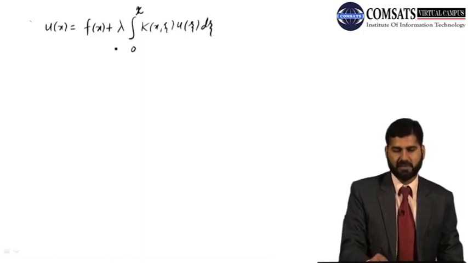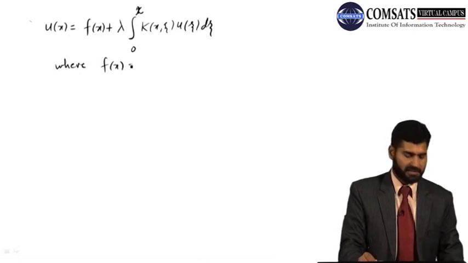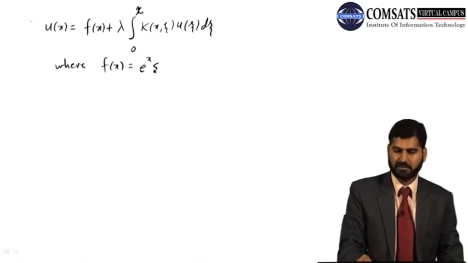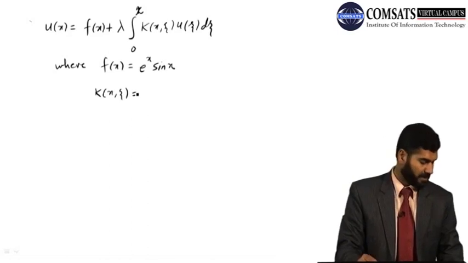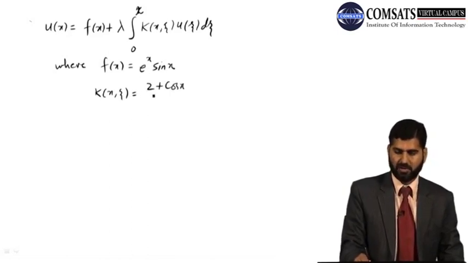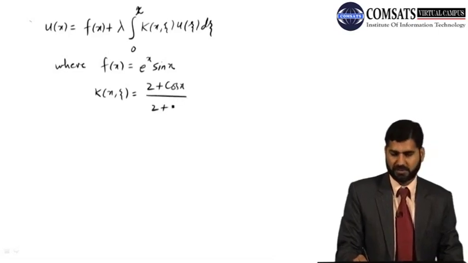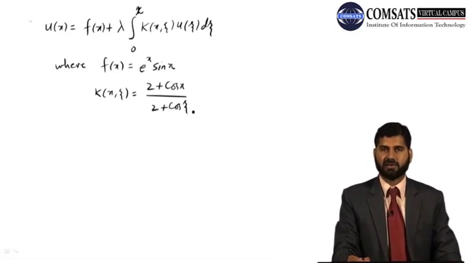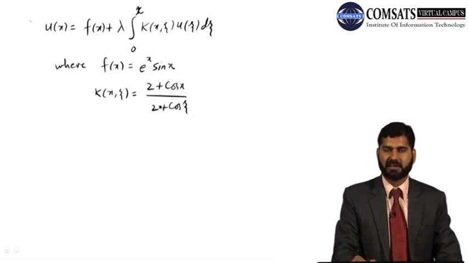This is a Volterra integral equation where f(x) and the kernel are given, where f(x) is e to the x times sine x, and the kernel is (2 plus cosine x) over (2 plus cosine xi).